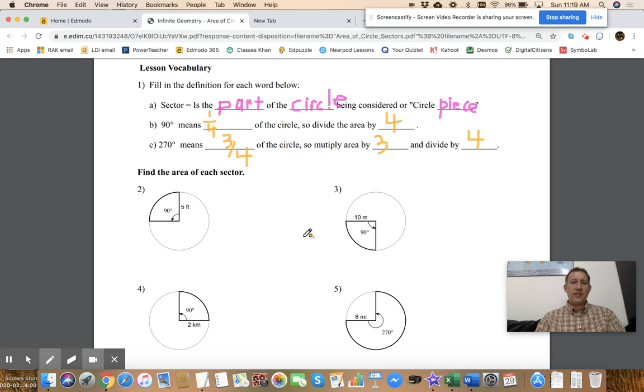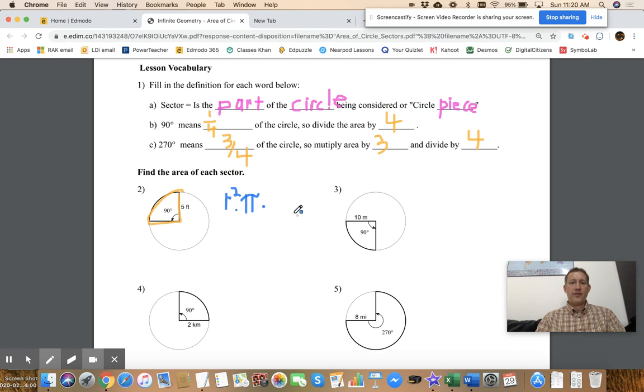So let's look at some examples. This right here, they want 1/4 of the circle. I want you to find the area, and it's only 5 feet for your radius. So let's do that. So the area is going to be r squared times pi, and we're going to divide that by 4.